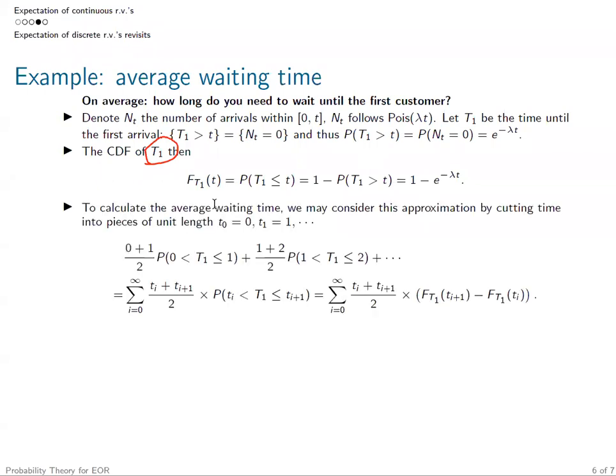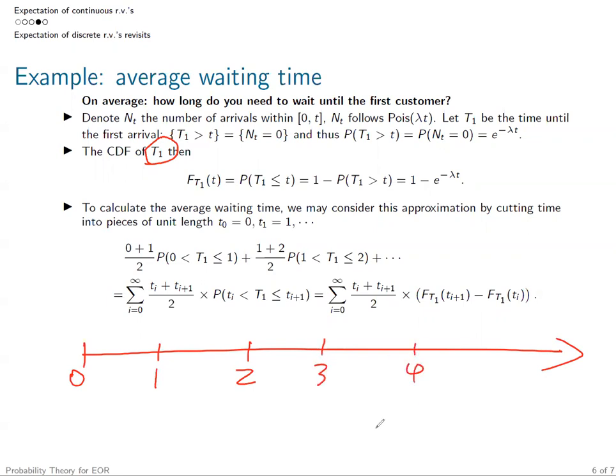We can calculate the average waiting time by considering an approximation, by cutting time into pieces of unit length: t0 equals 0, t1 equals 1. Suppose this is the possible waiting time. It could be from 0 to 1, 2, 3, and keep going. The idea is to use the midpoint to approximate the average value if the waiting time lies in this interval.